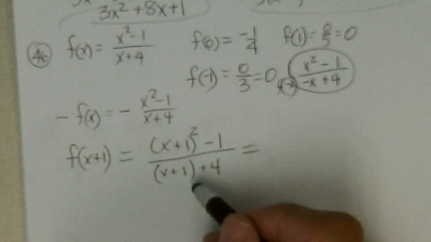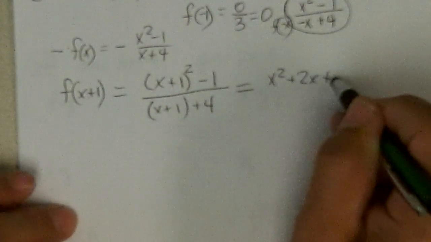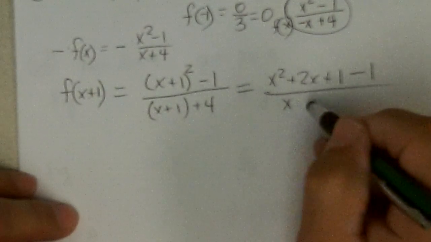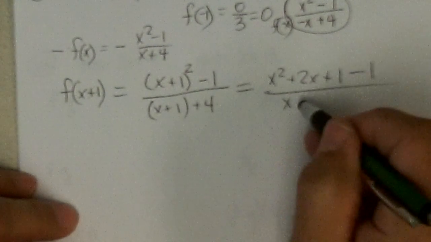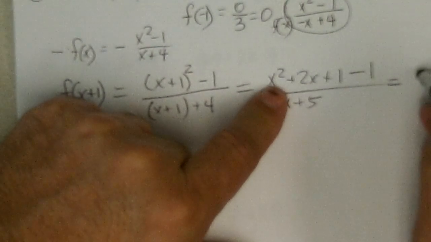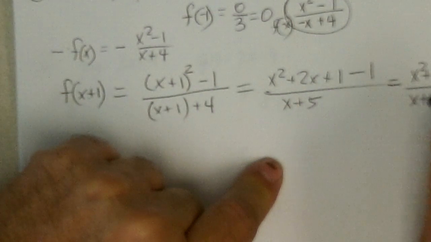This FOILed is x squared plus 2x plus 1 minus 1 over x plus 5. So that's x squared plus 2x over x plus 5.